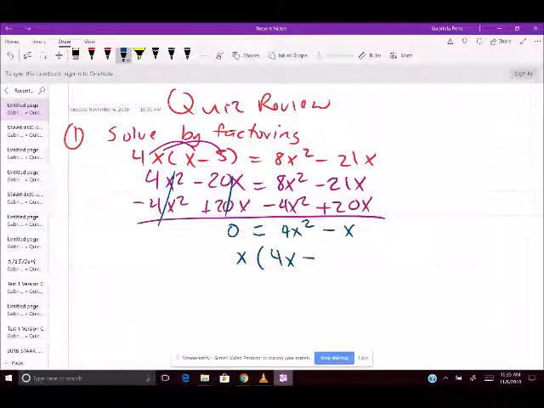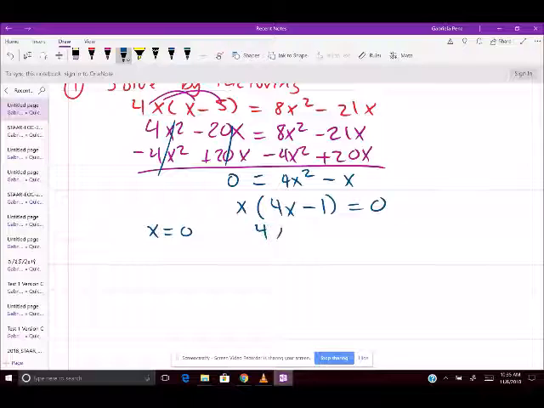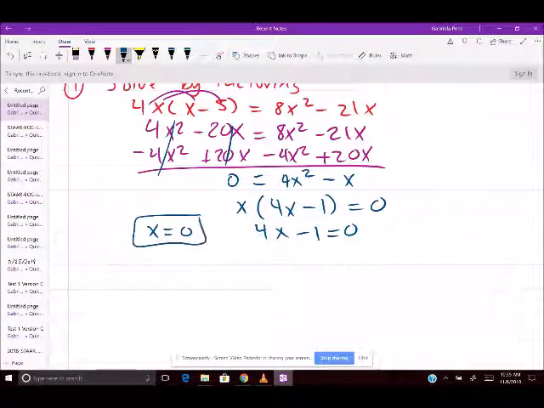4x minus 1. Now that I have factored, if I want to find the solutions, I need to set each one to 0. So can I do anything here, or is it already done? It's done.